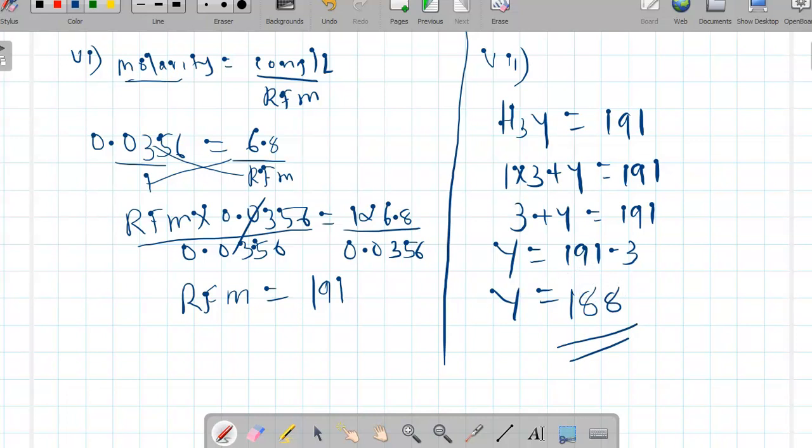Guys, I want you to be very careful with such kind of question. In our next lesson, which is lesson 26, we will be dealing with back titration. We have done almost 5 questions of simple titration, and I think 5 questions is enough.